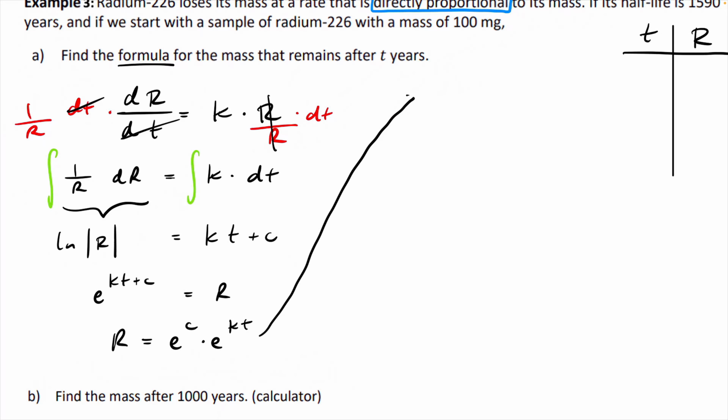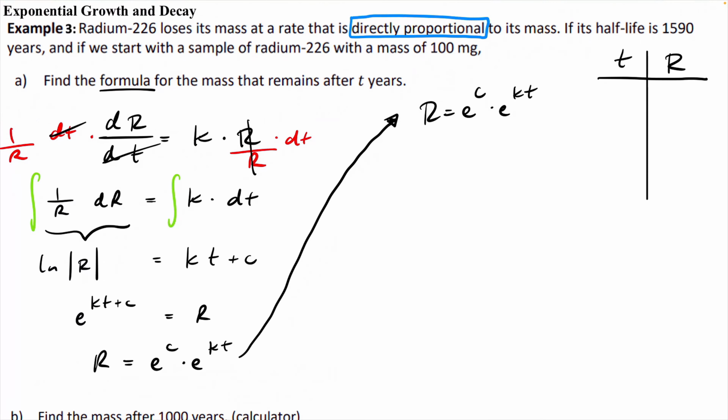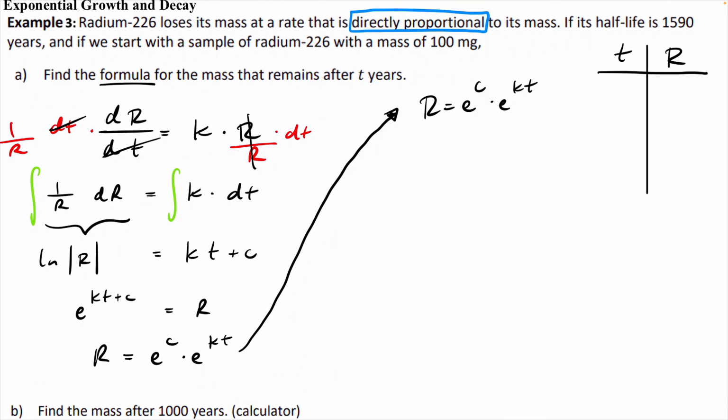All right, so let me move this guy back up. R equals e to the C times e to the kt. All right, so now let's fill out our table. What do we know about our table?